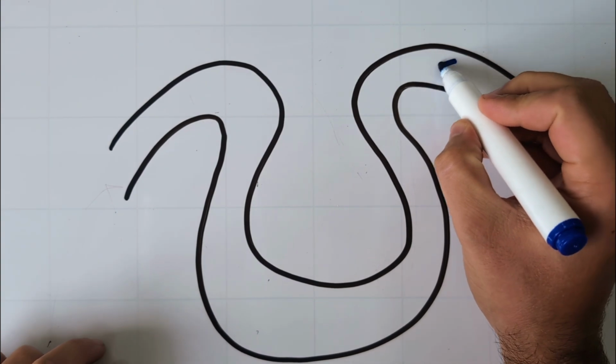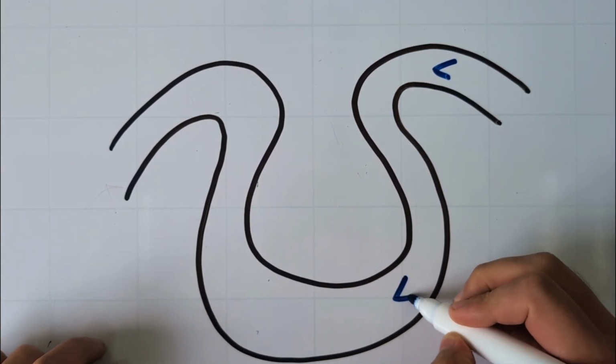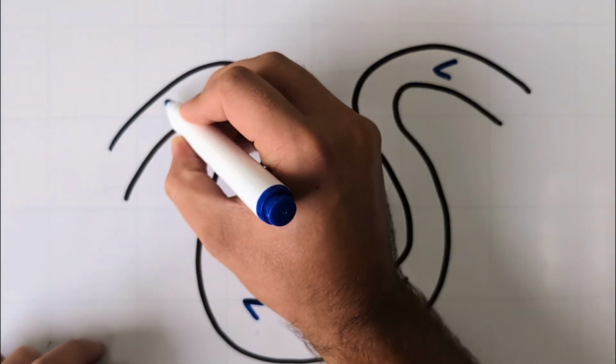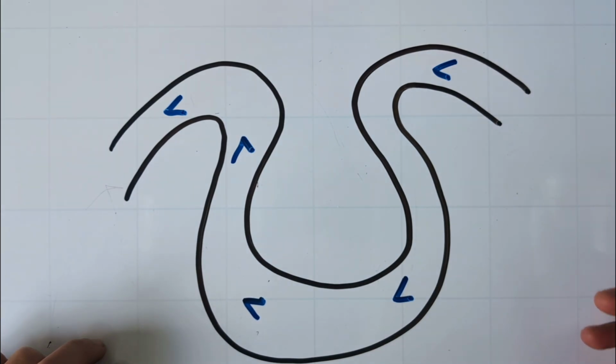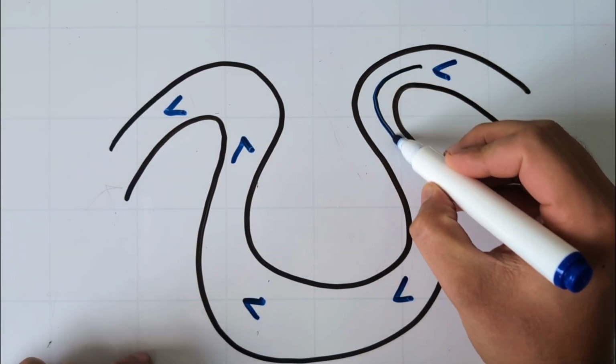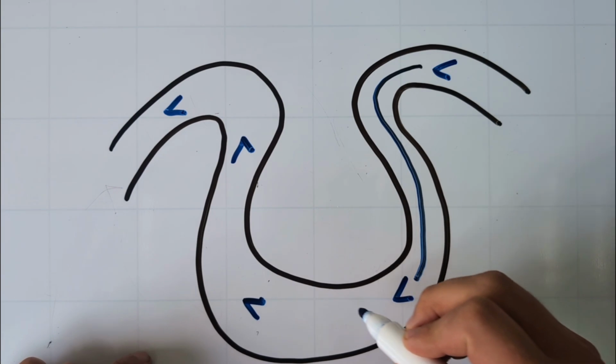So we're just going to draw our direction of flow as such, okay? A river is flowing from east to west, okay? So as it flows, it's full of kinetic energy.